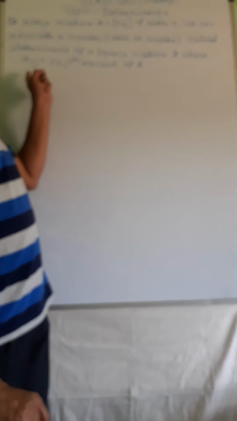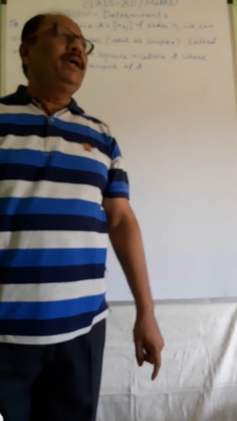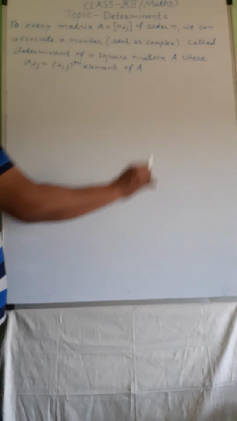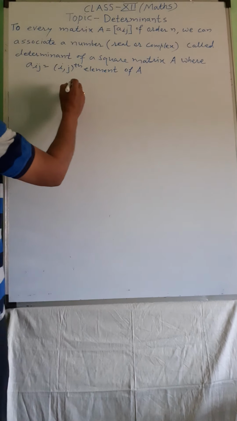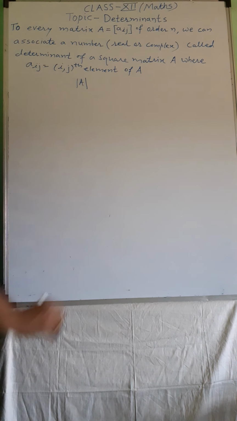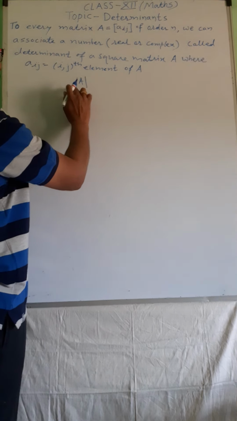Here Aij is the ijth element of the matrix A. It is denoted by determinant of A, or delta. It is not the modulus sign.